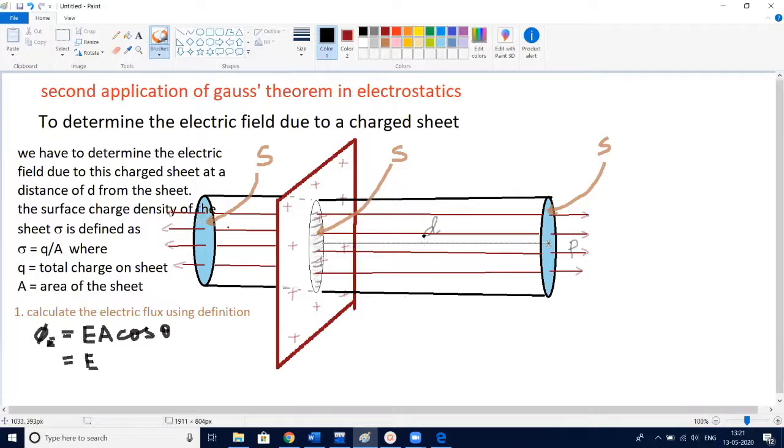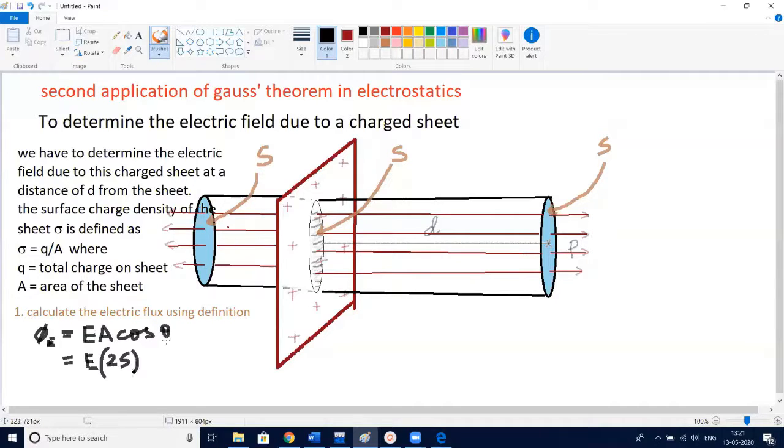We do not consider this curved surface area because no electric field lines are crossing it. So for this A, we have to consider only this area and this area. The sum of these two areas is S plus S, that is 2S. So instead of A, we can write 2S.